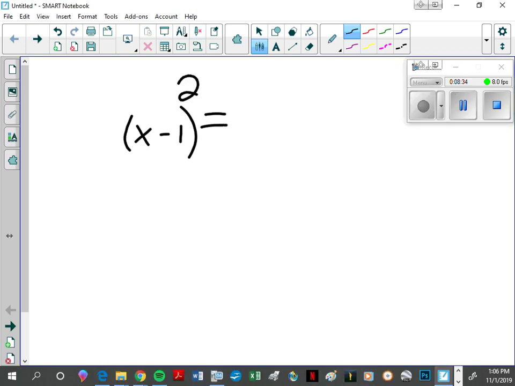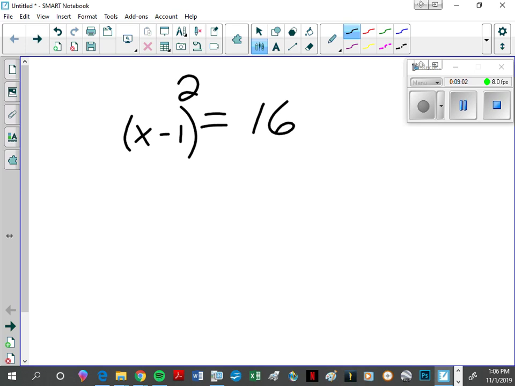Squared equals, let's say 16. Now, I have to undo a plus 1, and I have to undo a second power. But which one is further away from x? The squared is. So that one needs to go first. Right? I have to peel this apart from the outside in order to reach that x on the inside.